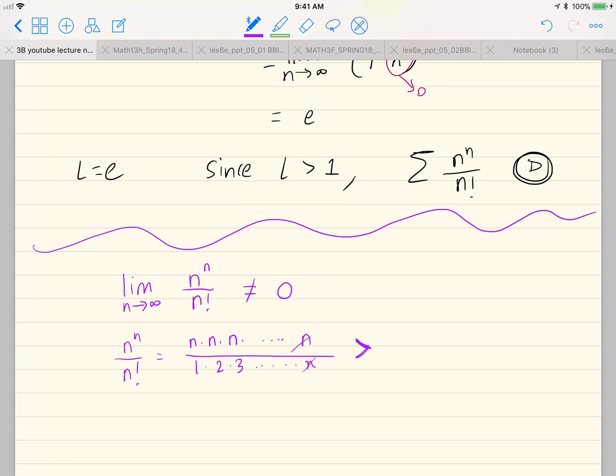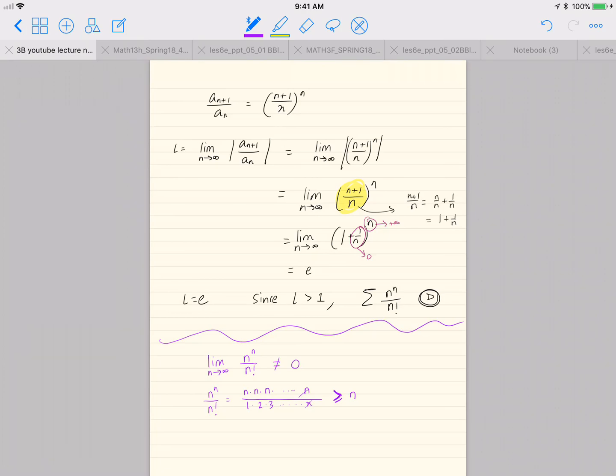We could probably show that this is always bigger than or equal to n for n large. But figuring out how to prove that this doesn't go to 0 is more complicated than just applying the ratio test.